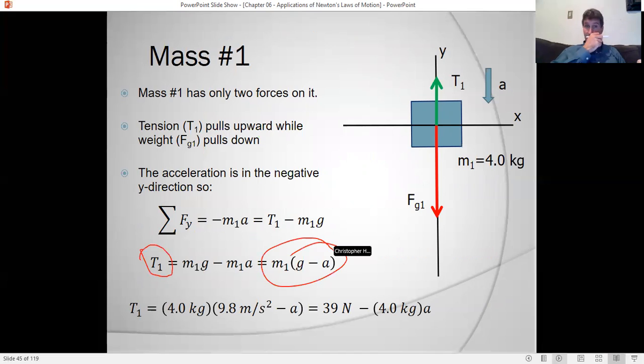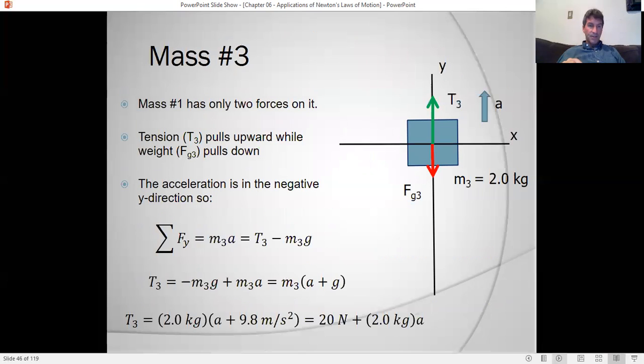T1 equals M1 times (G minus A). Here we're actually putting numbers. Here's a second one. T3 equals M3 times (A plus G). Okay, 1 block's going up, T3 is going up, M3 is going up, M1's going down.